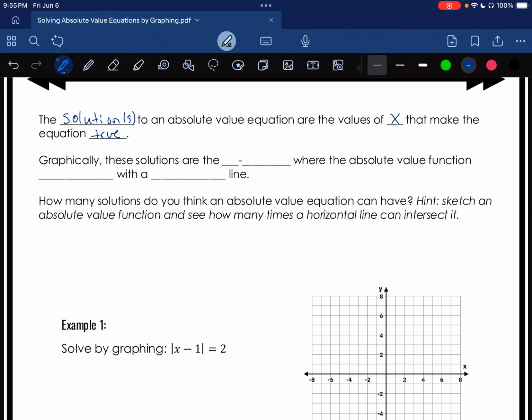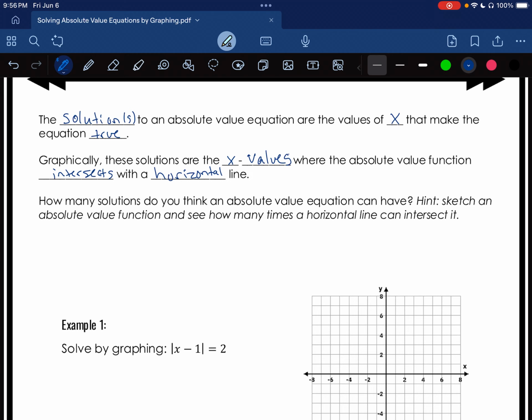Graphically, though, these solutions are the x values, that's the better answer there because I'm going to be more specific, where the absolute value function intersects with a horizontal line. So I'm going to show you what it looks like if it's set equal to 0, but also a lot of times it won't be. So that's why I changed that to x values.